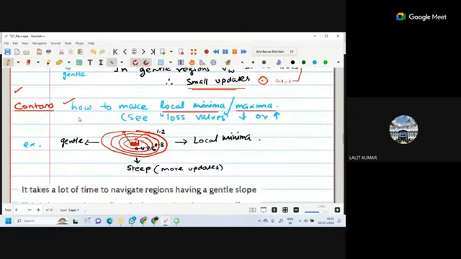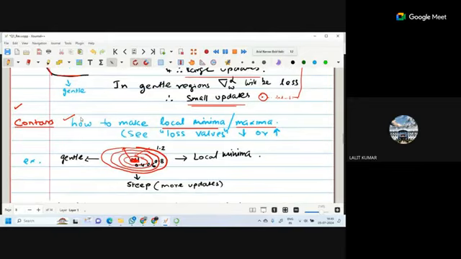Okay. So the first concept of the contour is how to make out whether this contour has a local minima or a local maxima. We have to see the loss values. This is a loss surface.